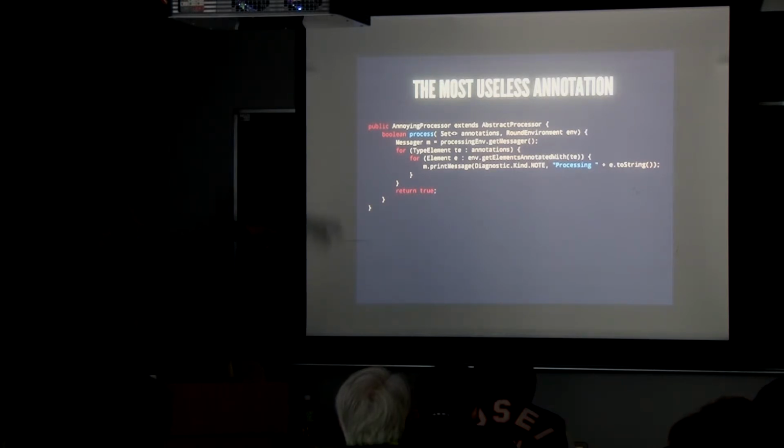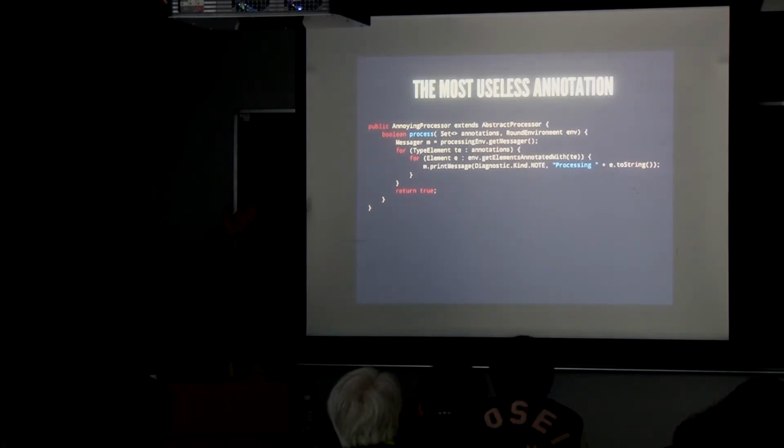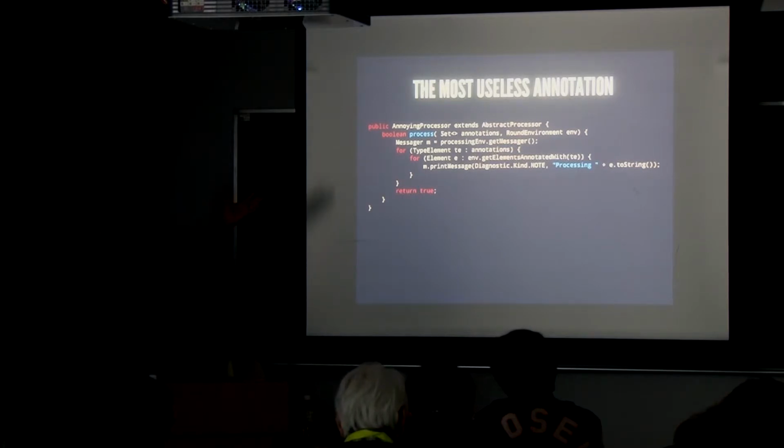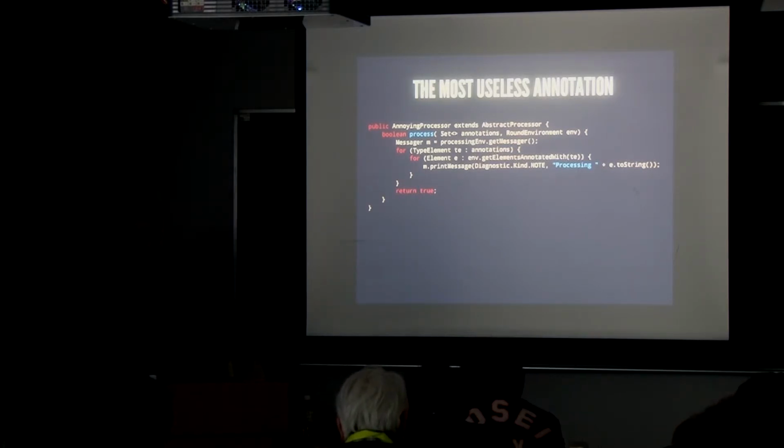And you go through all the annotations that are defined, and then you go through all the elements to which that annotation is actually applied, and then you just print the message, "I'm processing this thing." Absolutely useless, but at least it tells you how to use this. And as you can see, I don't need to use init because I don't need the processing environment because I'm not writing to the file system or anything like that.